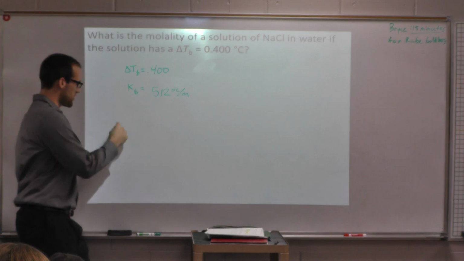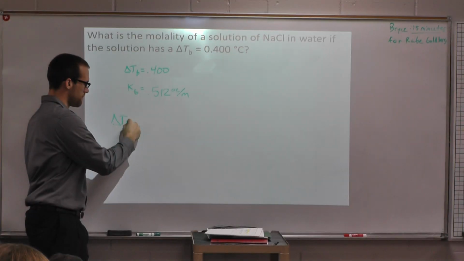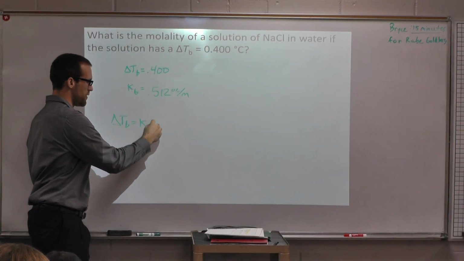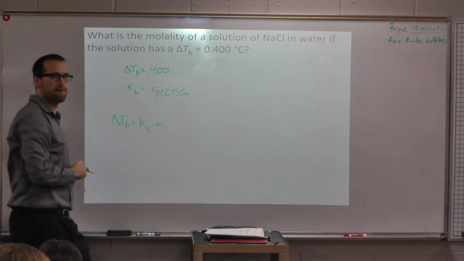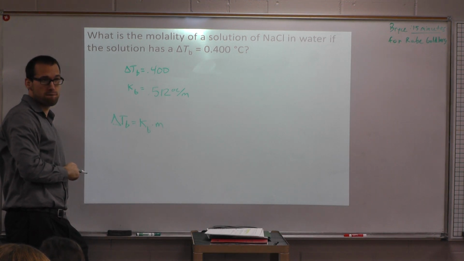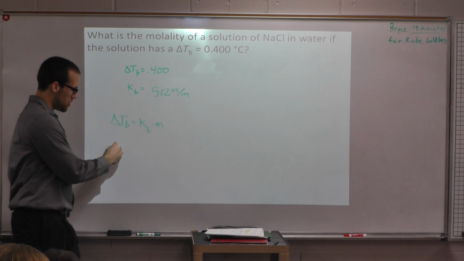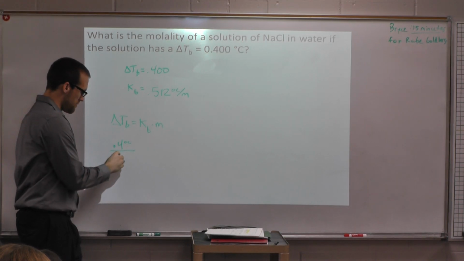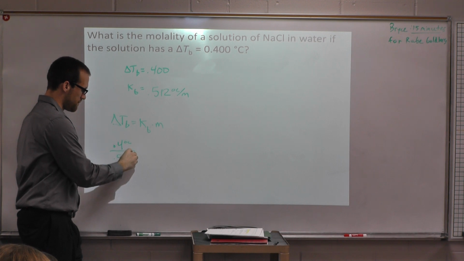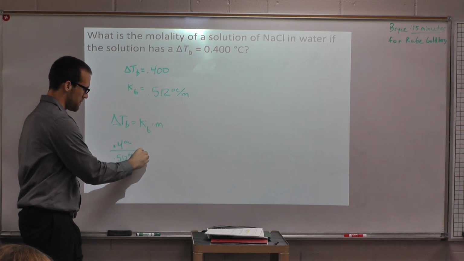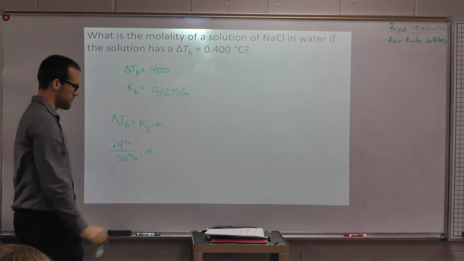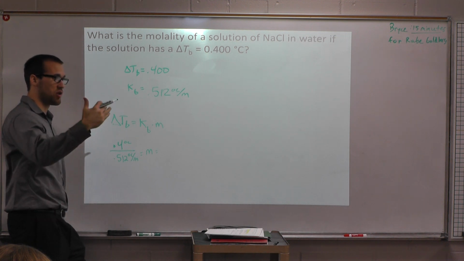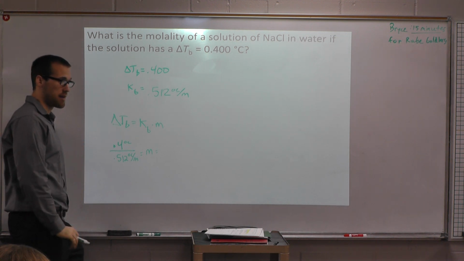So I can solve for little m using this. So 0.4 divided by 0.512. Your Celsius cancels out, then it's 1 over 1 over m, which is the same as saying m.